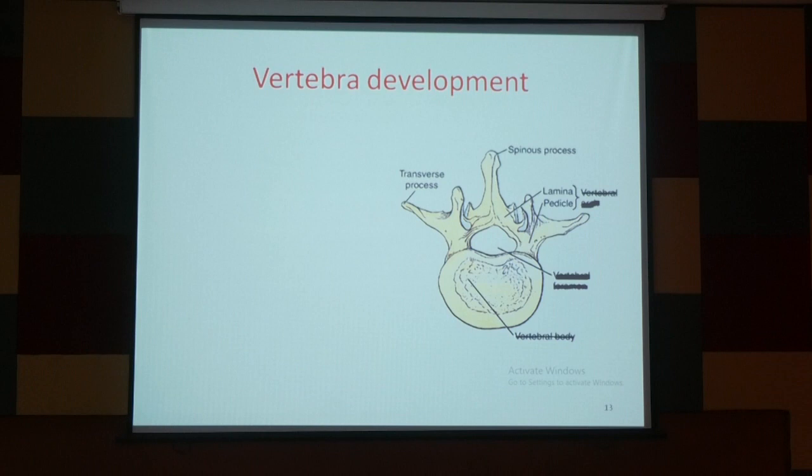Now, we're going to talk about the vertebra. If you look at this picture, you will see the vertebra has three components. One is the central component of the vertebra, which we call the vertebral body.